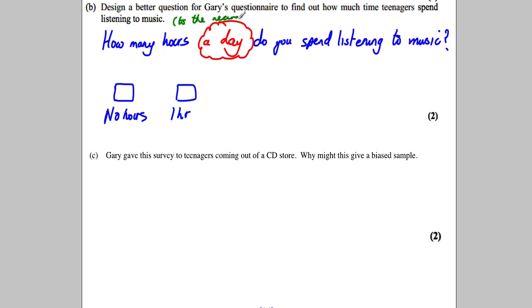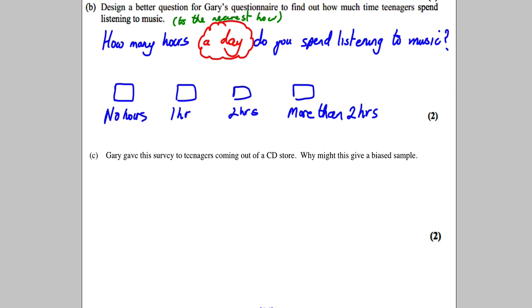That might have been a better way. So no hours, 1 hour, 2 hours, and let's give all the possible options. Let's say more than 2 hours. Okay, so it was important there to get to the nearest hour. It made it easy for us to do our boxes. Don't do overlapping boxes. Something like that would be absolutely fine.